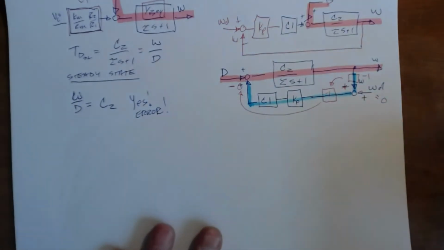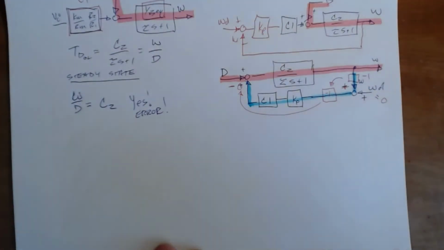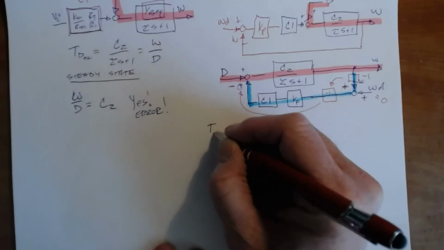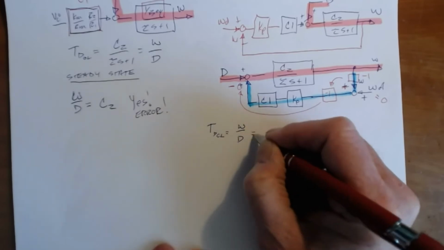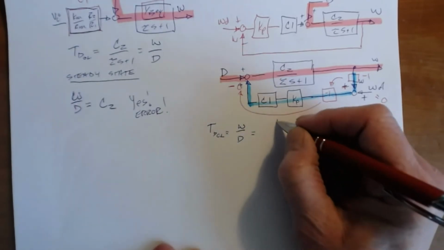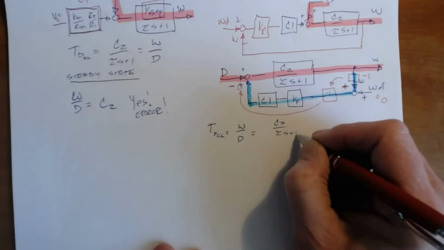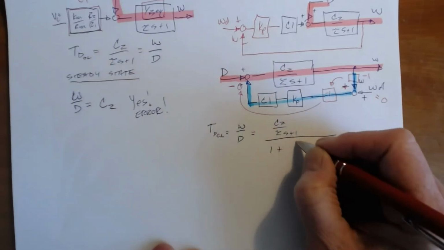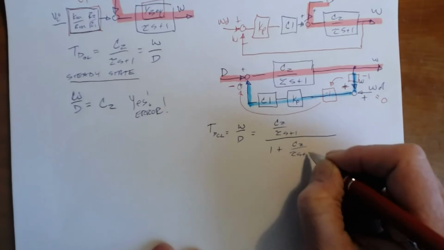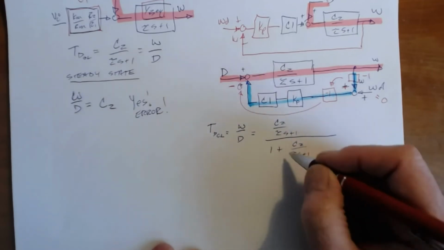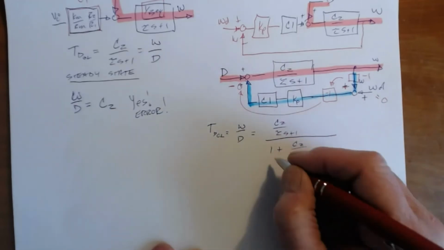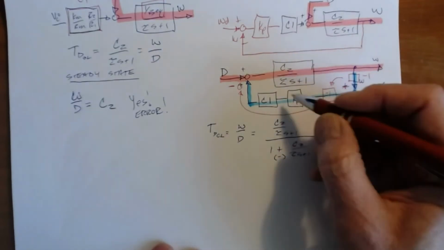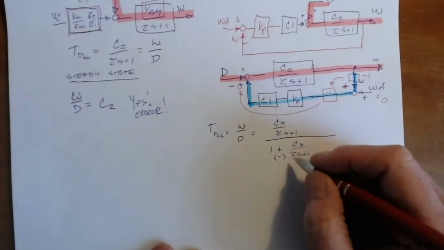But now let's go back and figure out what the transfer function is. TD closed loop is equal to the output over the input. And in this case, it's going to be the feed forward, C2 over tau S plus 1, divided by 1 plus the feed forward times the feedback. I already fiddled around with these pluses and minuses, so this is okay.